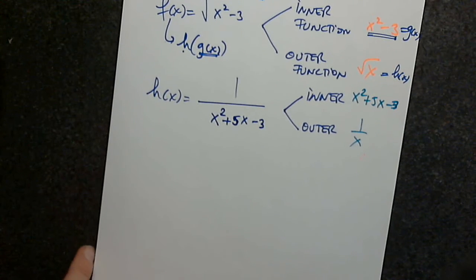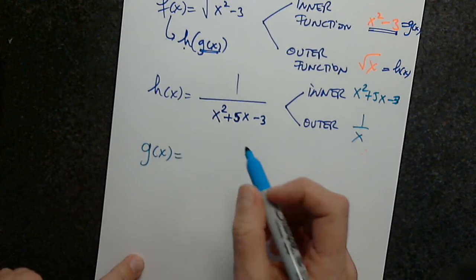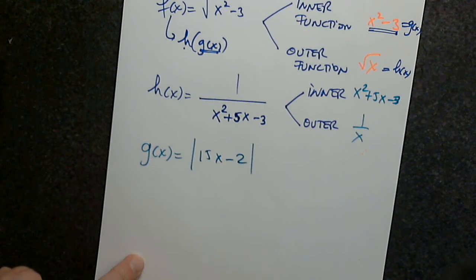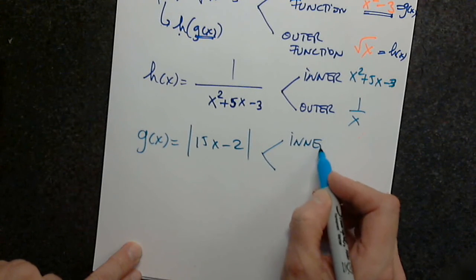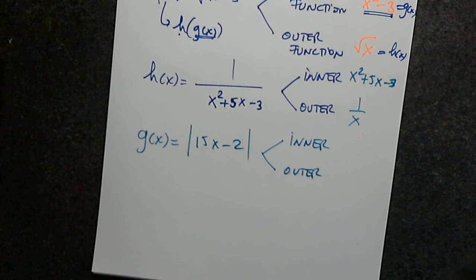Okay, I think we should try another. Let's say g of x equals the absolute value of 15x minus 2. Inner and outer.